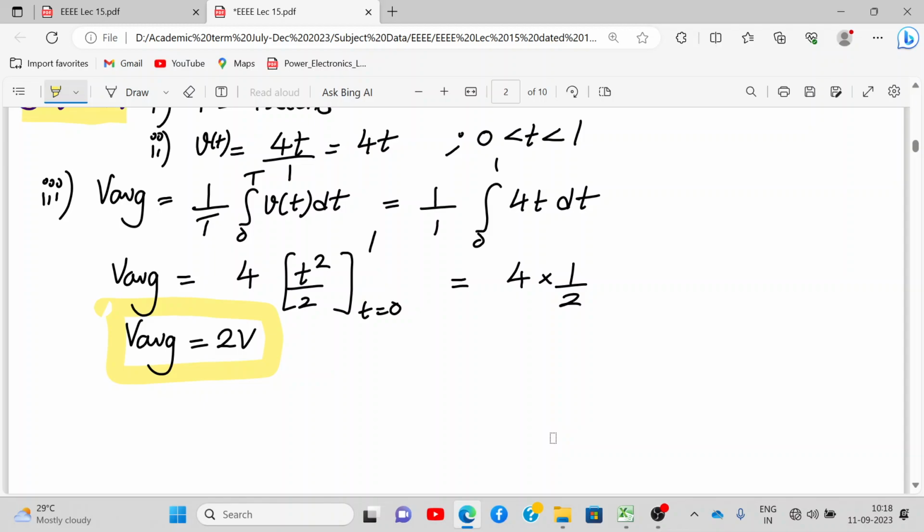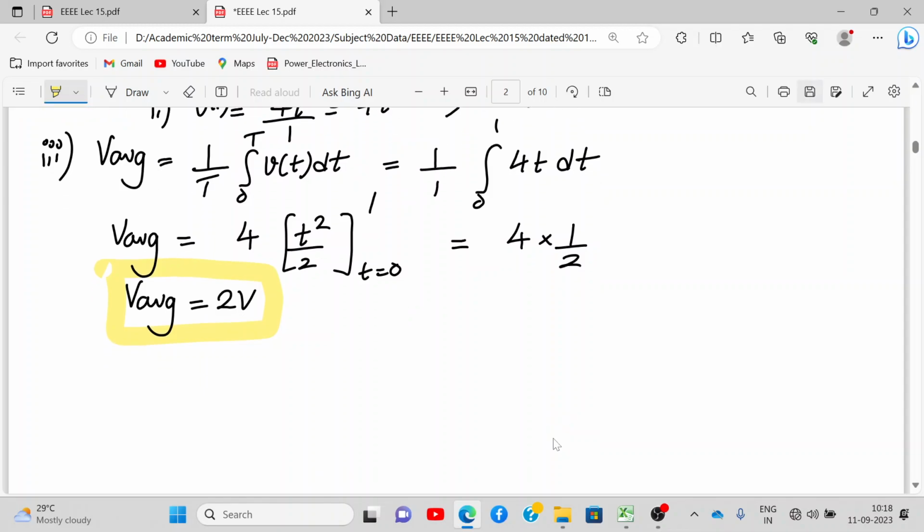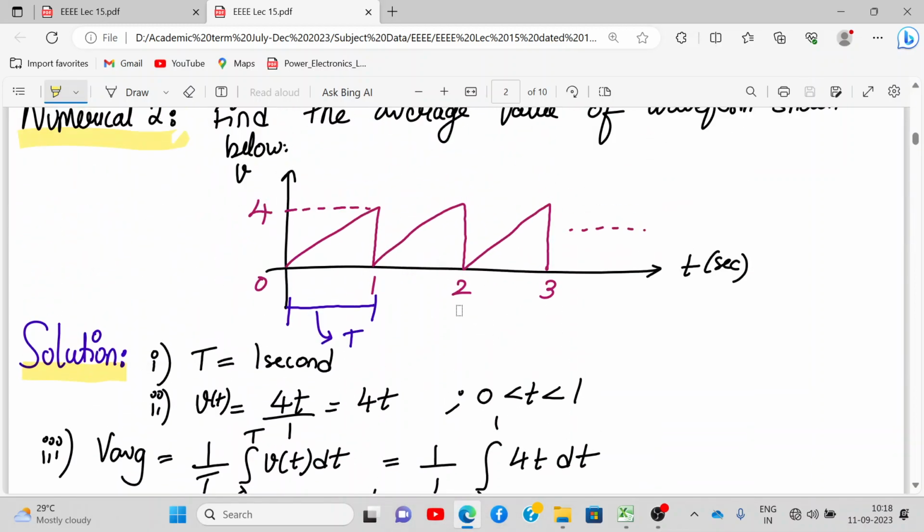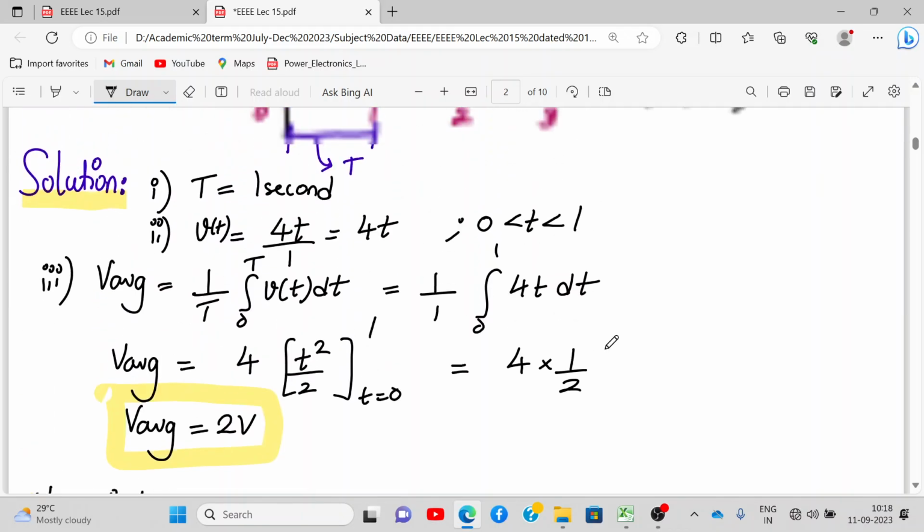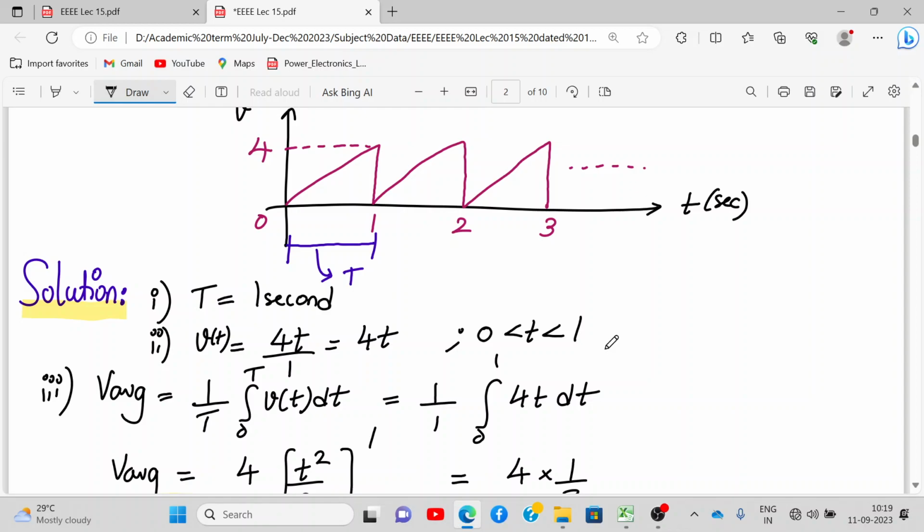Got it? Understanding? Now, are you following how it was 4t? Right? If you have understood this, the next one will be simpler for you. Write down numerical number 3. See, what is the area of this?